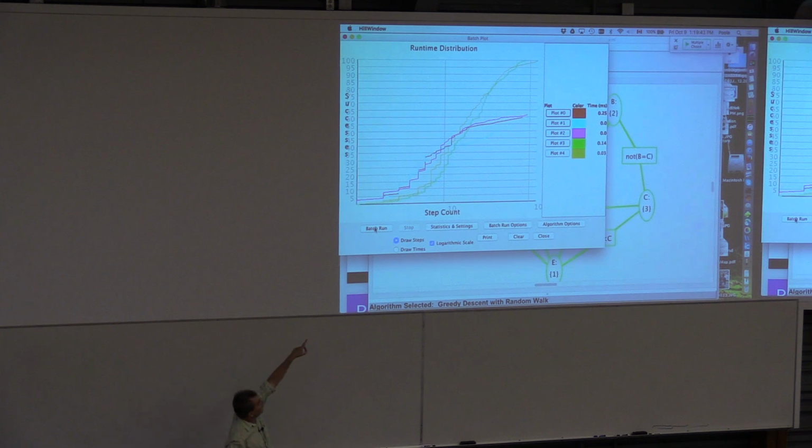So what tends to happen here is it does a few things that are interesting. It solves all of them. If you look at the top right here, it solves all of the problems. The fact that it goes up to there, to 100%, means it solved all the problems.